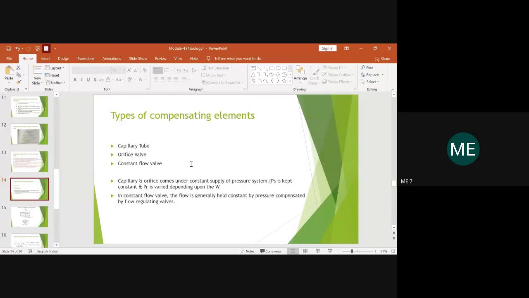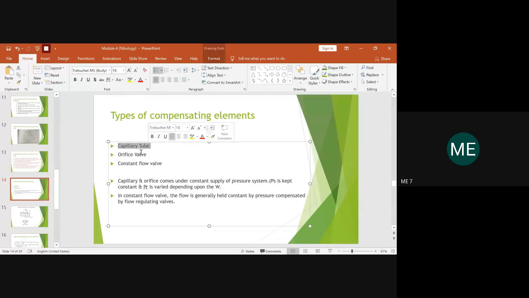So to abide by the rules, it's always better to use a proper compensating element. Even the compensating elements play a vital role. Basically, in hydrostatic bearings we go with three types of compensating elements. One is the capillary tube, second is the orifice valve, and third is the constant flow valve. So what happens here basically?